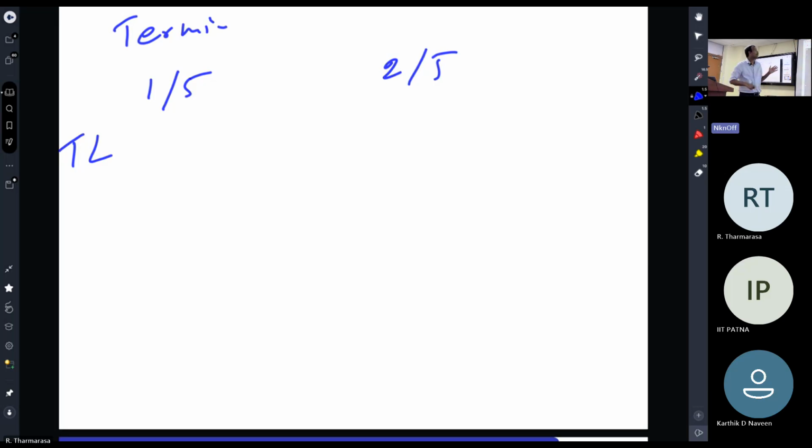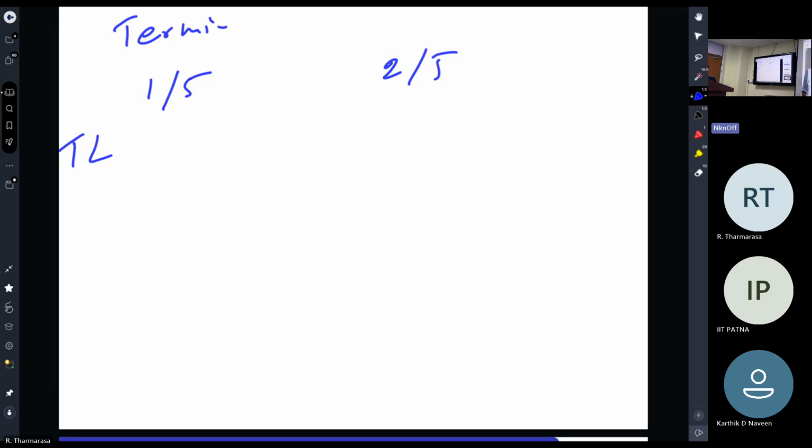So 1 out of 5 means I say that if I get at least one detection in 5 frames, I will terminate. That means what's the minimum latency that we can have? 5. Right? You need to have 5 zeros before you terminate. In this one it says you need to have at least 2 detections in the last 5 frames to maintain.